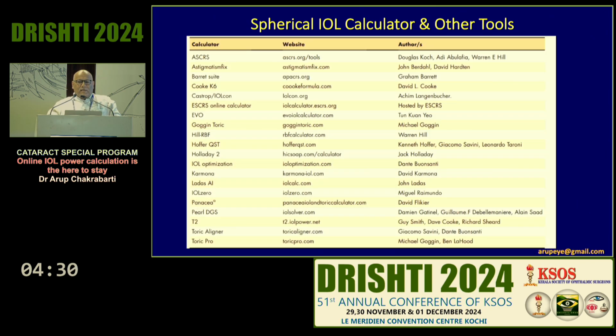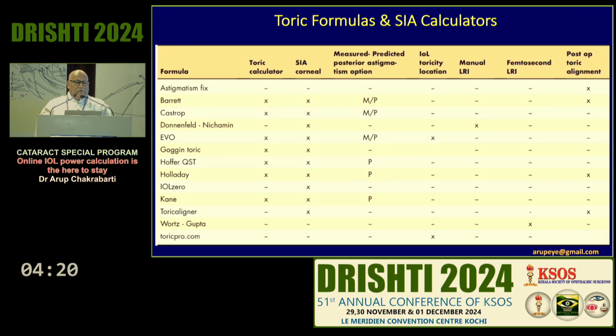For the spherical IOL calculator and other tools, there is a wide variety of formulas available. I am just going to tell you the ones which I use and which have given me good results. Even for the toric formulas and the SIA calculators, we use the Barrett formula. It is a very comprehensive, exhaustive formula. And then EVO has also been doing well.